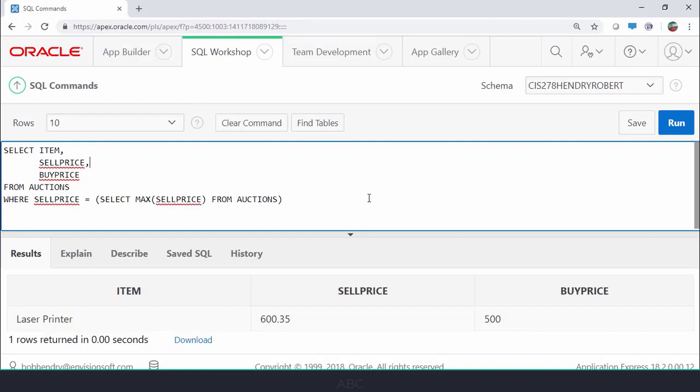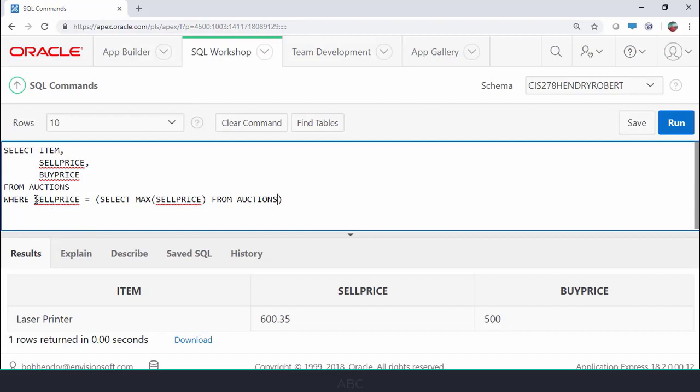And let's just go over a couple more. How about, let's look at the profit. And again, this is part of leaving an aggregate function in a subselect. We have the item, the sell price, and the buy price. How about this? Let's show the item that had the largest profit. We could say something like this.